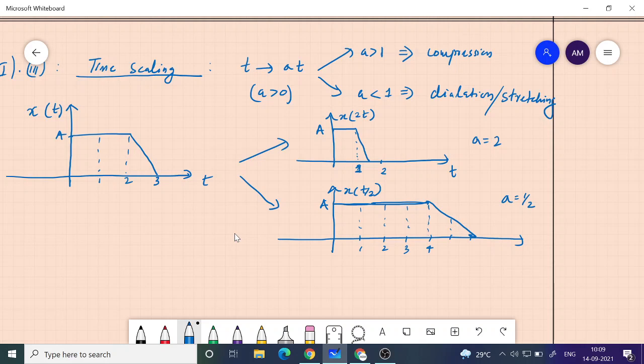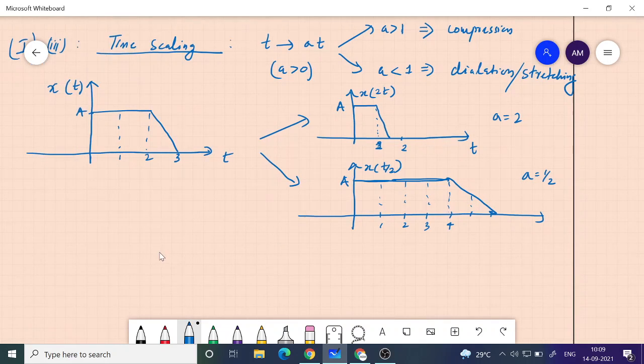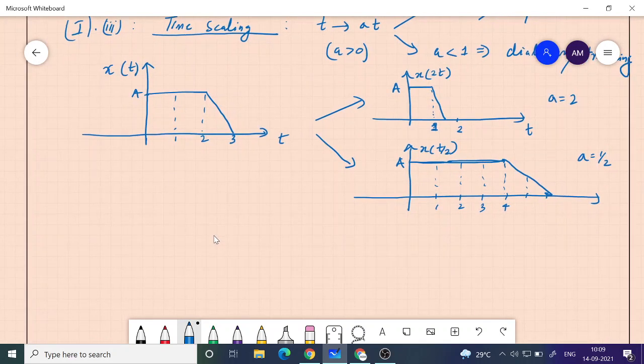Okay, so let's now look at this operation mathematically. We will start again with the expression for x of t. So x of t is equal to a, for 0 to t less than or equal to 2, and then a into 3 minus t, for 2 less than t less than or equal to 3, and 0 elsewhere.